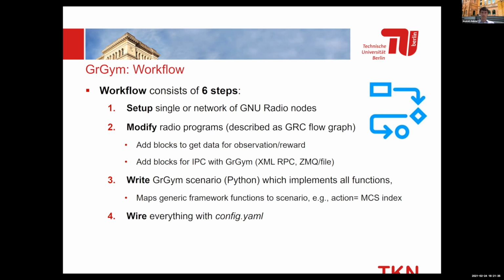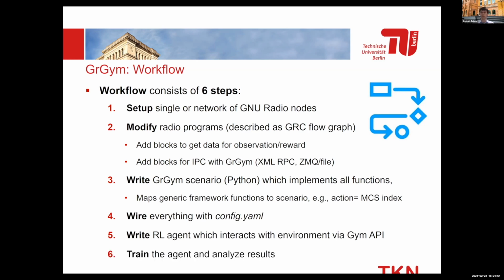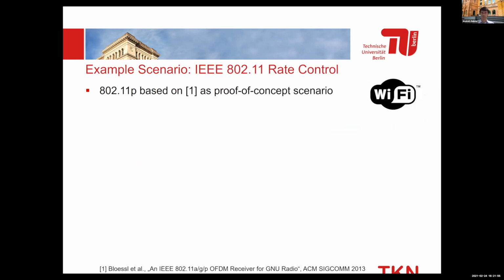Then, if you are done, you wire everything together with a config file. Then you have to write your reinforcement learning agent, which interacts with the environment using the standard Gym API. So everything is not visible for you. Then you train your agent, and then you can analyze the results. Those are the 6 steps.